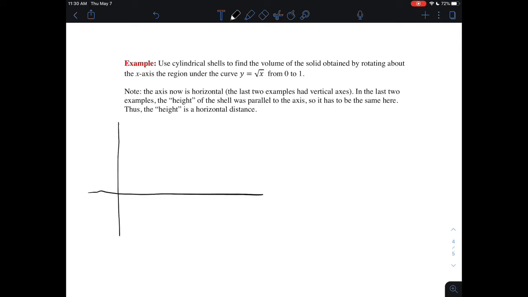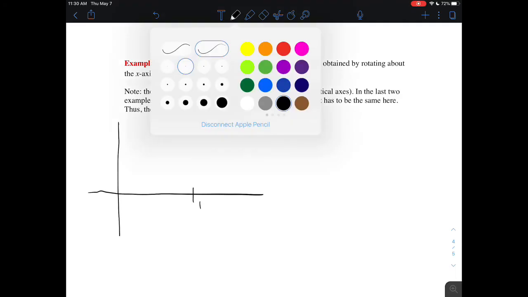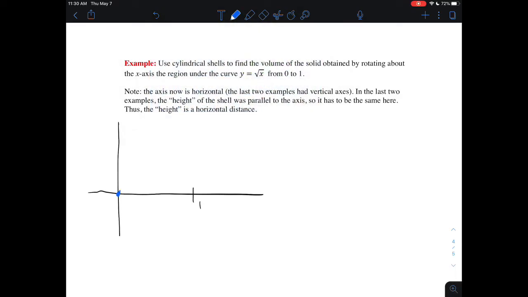So first of all, I'm looking at the curve y equals square root of x from x equals 0 to x equals 1. So that's just going to have a point at 0, 0, and then another point at 1, 1.